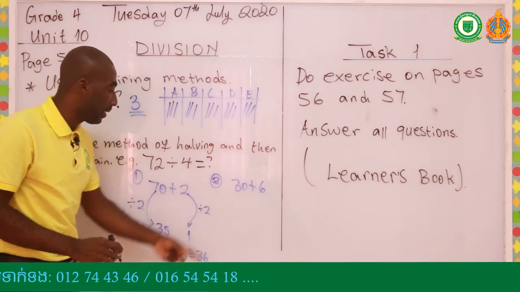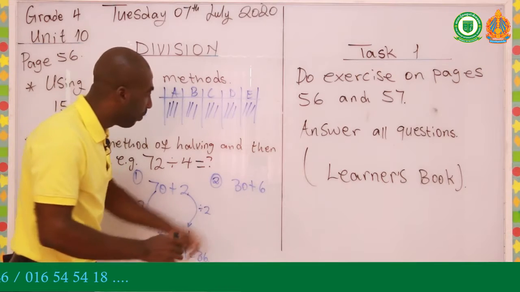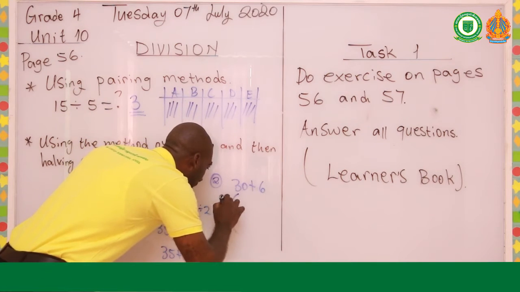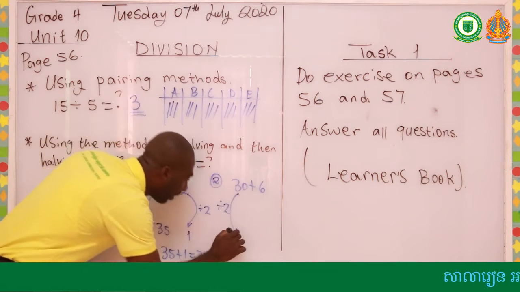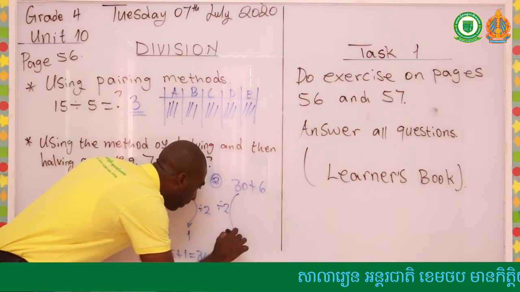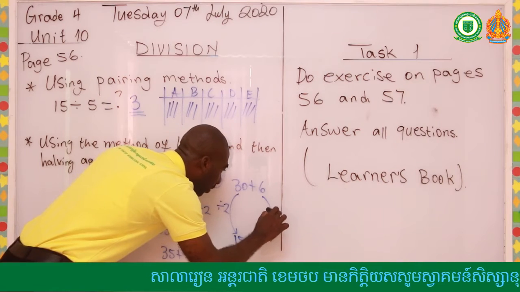So 30 plus 6 is the same as 36. Okay? So we are using the half. So we'll divide this by 2. So 30 divided by 2 will give us 15, and then we'll divide 6 also.